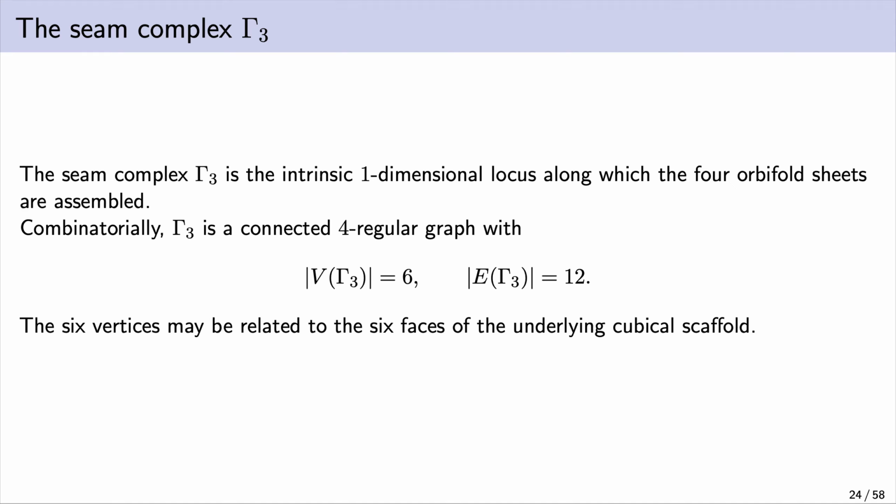Combinatorially, gamma 3 is a connected four-regular graph with 6 vertices and 12 edges. But we're taking a very simplified view, because when these four orbifold sheets are assembled with this cubical scaffold, they actually intersect in quite a complicated way.